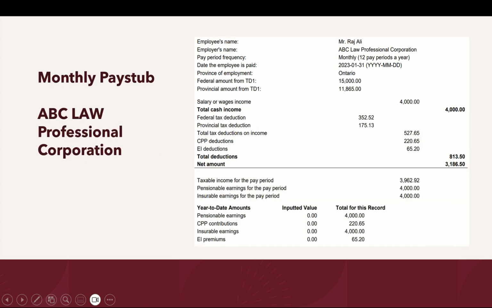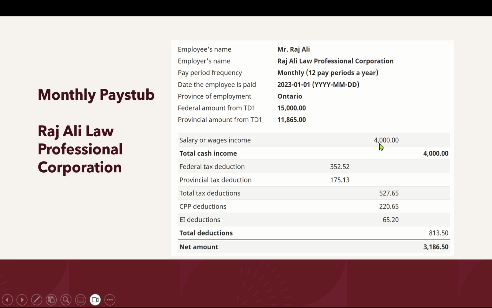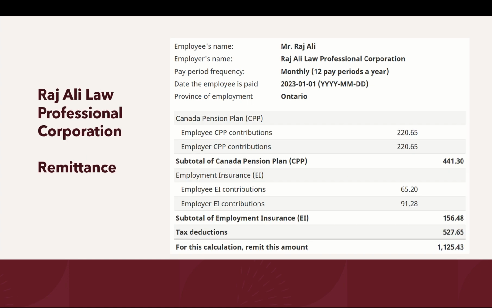On this, he is also receiving 4,000 per month, and from his own corporation, he also receives $4,000 as a salary. And this is the remittance for the Raj Ali Law Professional Corporation. You can see here, the reason I show this to you, it shows the employer CPP contribution and employer portion of the EI contribution.